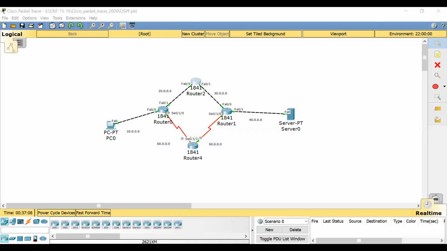You can see here the default cost of essential interfaces. The interface types are Ethernet link, FastEthernet link, and serial link. If an Ethernet link is used, the bandwidth is 10 Mbps.